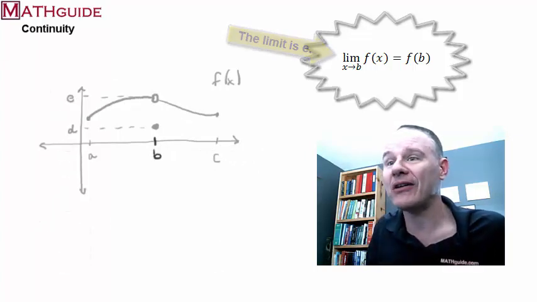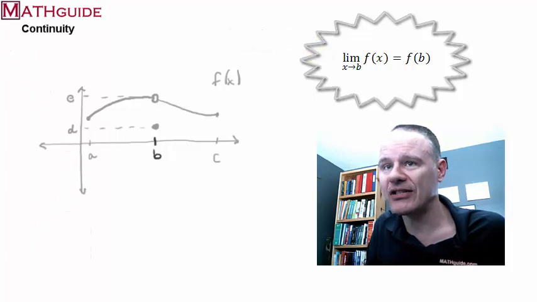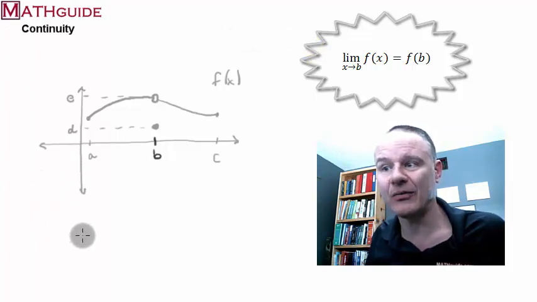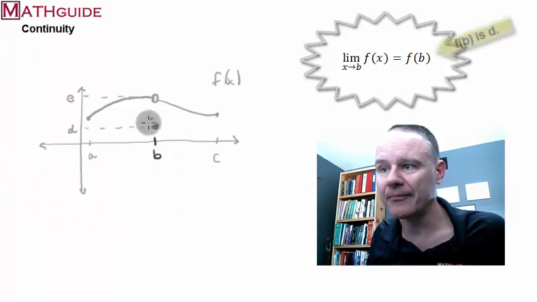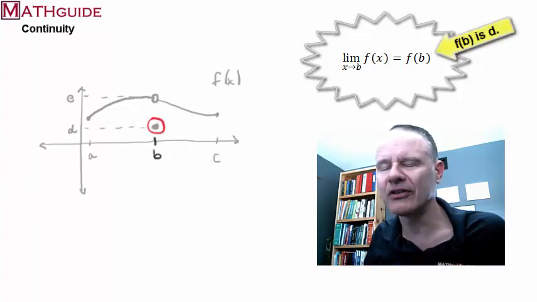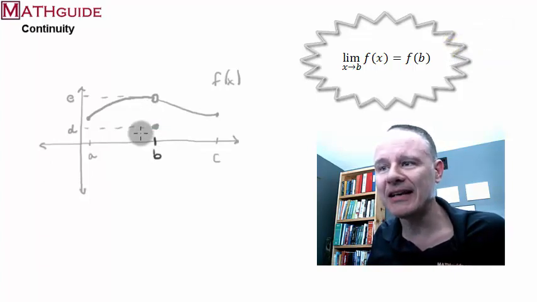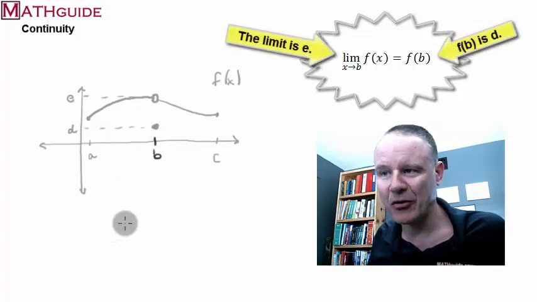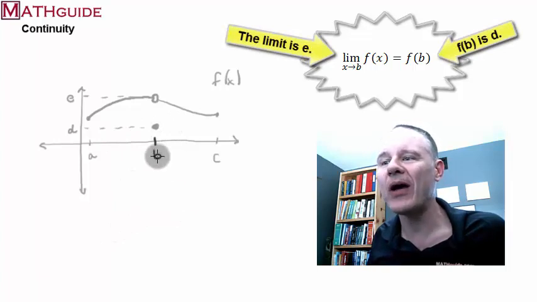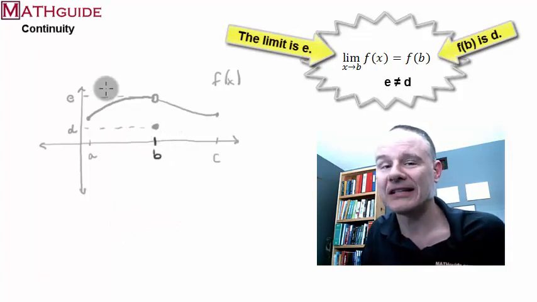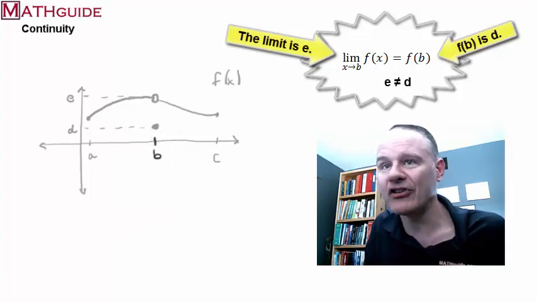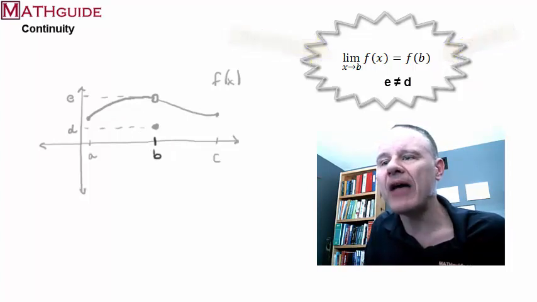But now if you evaluate the function and ask, what is the value of the function when your x value is B? Well, it's right there. So the limit is E as you're approaching B, but when we evaluate the function, we get D. And those two values are not equal.